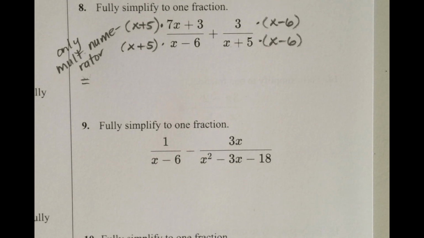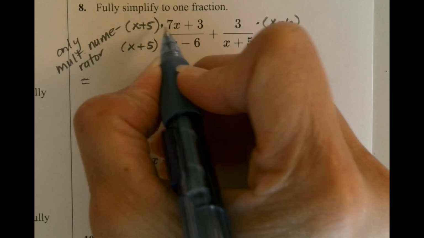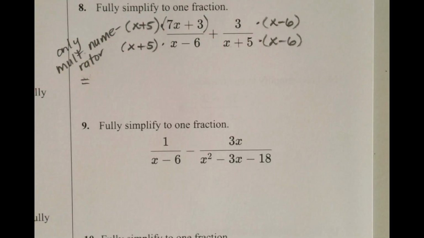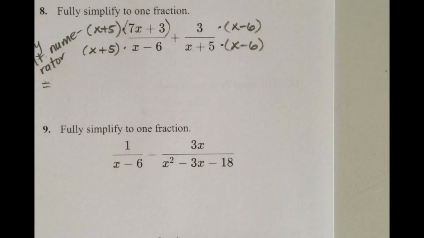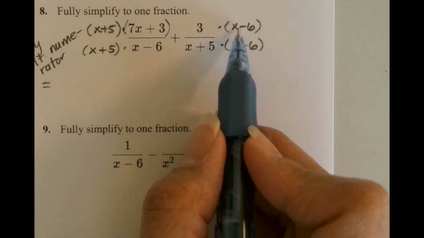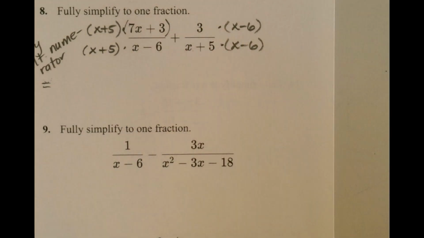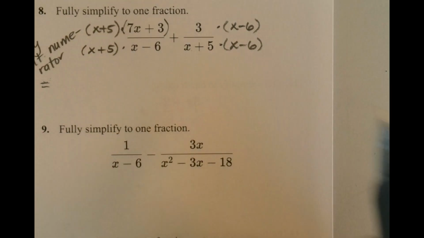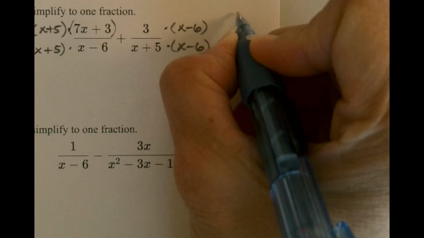So we need to multiply x plus 5 times 7x plus 3. Now some people use FOIL, some people use the box method, so I'm going to do both so that you know what I mean in coming problems. For this particular problem, I'm going to use the box method. I think I might have enough space.